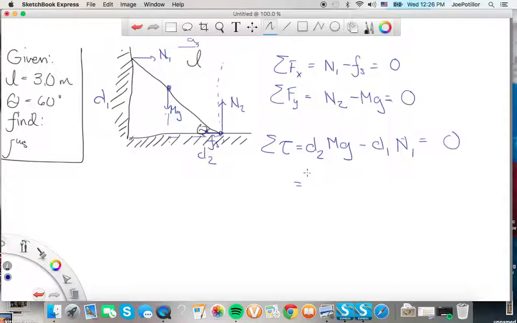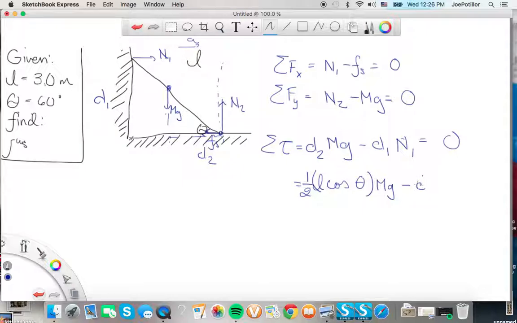So it's going to be 1/2 length of the ladder times cosine of theta times mg, minus d1, which is the total length of the ladder from here to here, times the sine of the angle there.